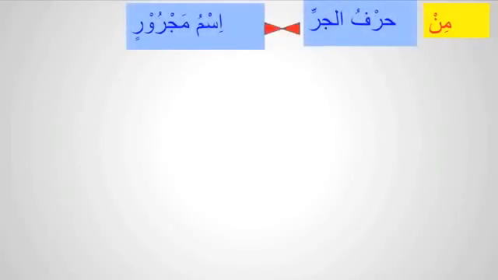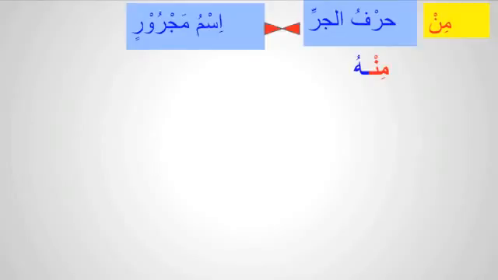So we'll do some examples of harf jar, and what comes after harf jar is ism majroor. So when a noun pronoun attaches to a harf jar, then that pronoun is called ism majroor. So we have minhu, min and hu. We find this in Quran in many places.